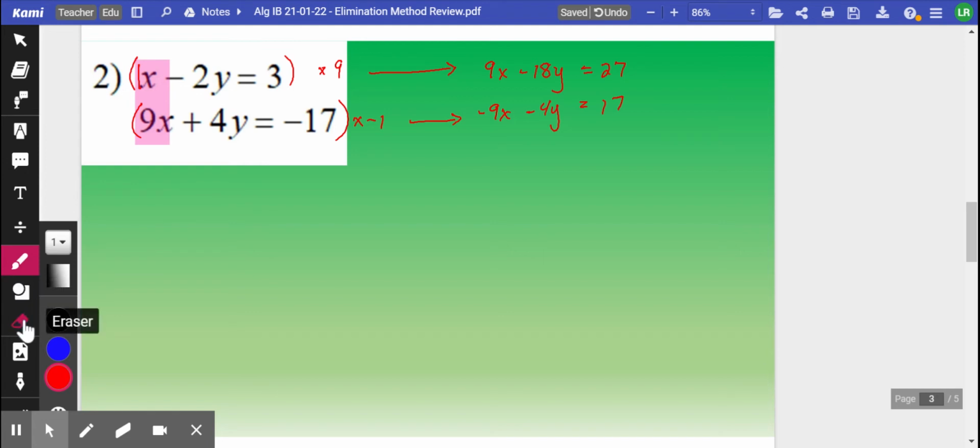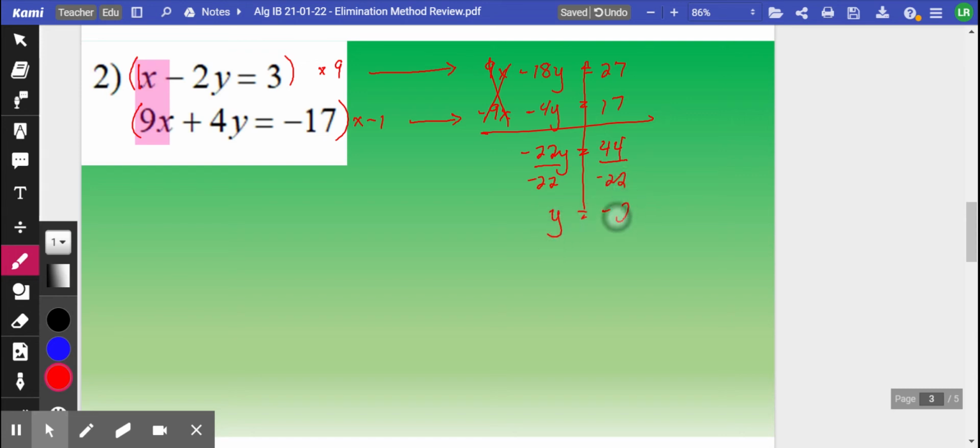Now that I have opposites, I can add my equations together. So 9x plus negative 9x is 0. Negative 18y plus negative 4y is negative 22y. 27 plus 17 is 44. There's my equation. Finish him.